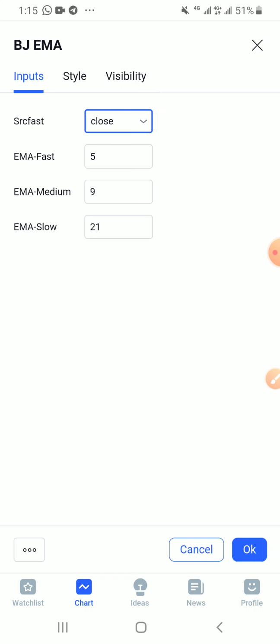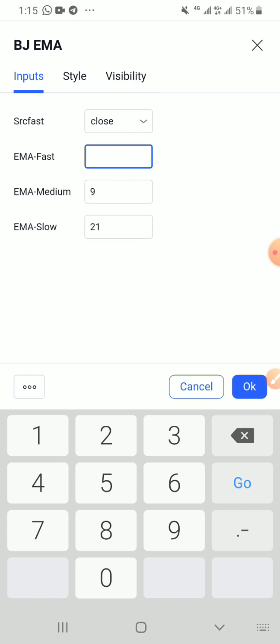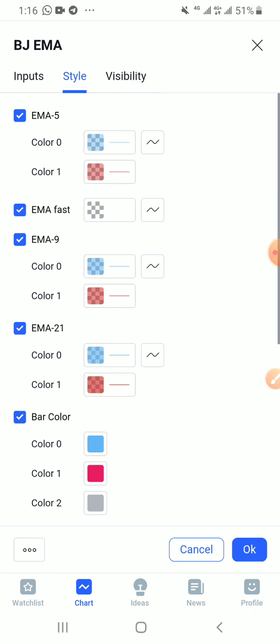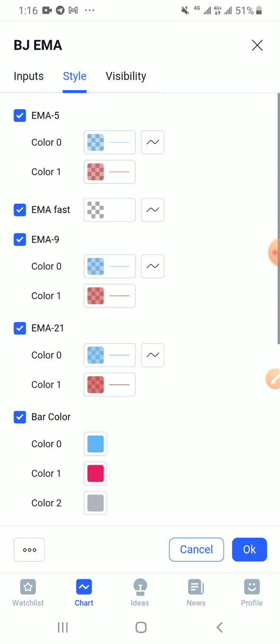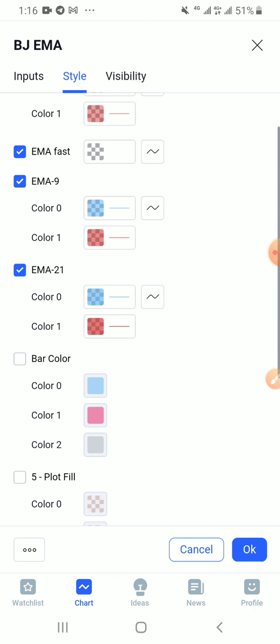This is 200 and this is the 21, and this is also the 8 moving average, which I can simply take or not. So now you can see this setup, and let me show you what I will use.